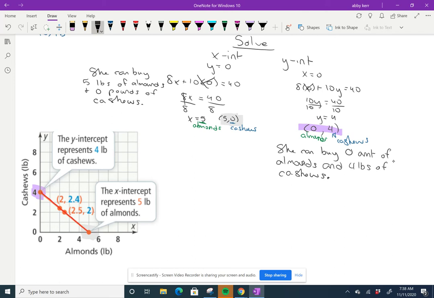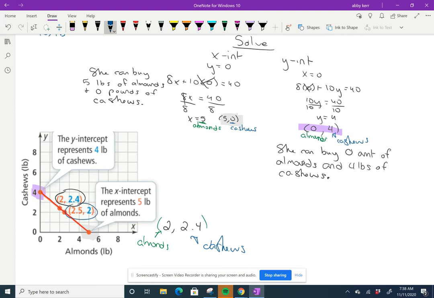Now, if you notice on this graph right here, the ordered pairs, for example, 2, 2.4. Now we said that our x are almonds, and then our y is cashews. So in this situation, she could buy 2 pounds of almonds and 2.4 pounds of cashews.